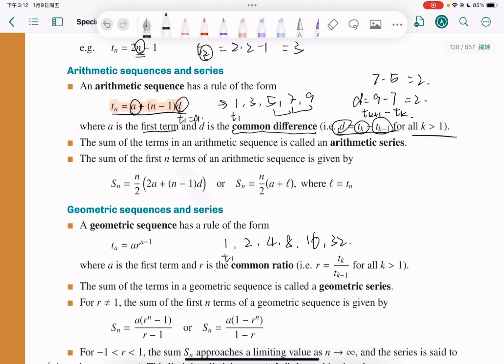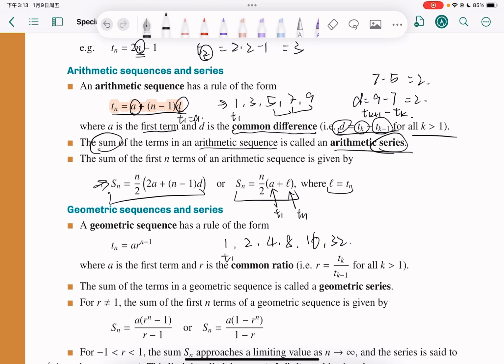The sum of the terms in an arithmetic sequence is called an arithmetic series. So we add all the terms together to get the series. The sum of the first n terms of an arithmetic sequence is given by the following formula over here, or it might be easier to look at this one. A, we already said, is the first term, and L is the last term, Tn.